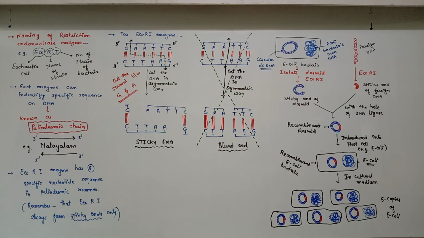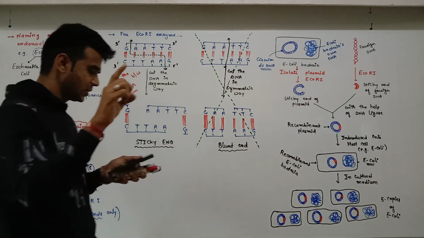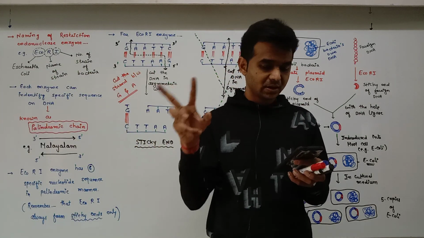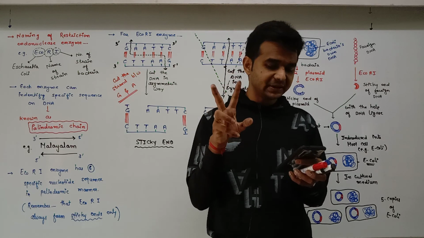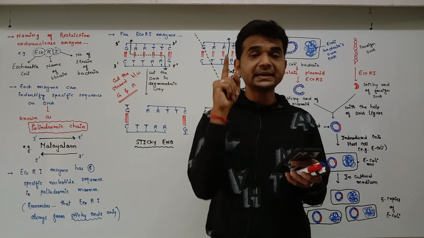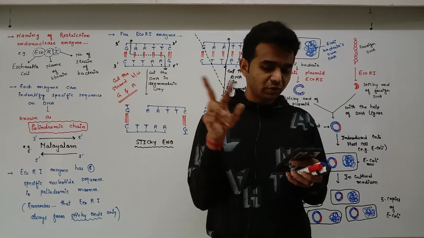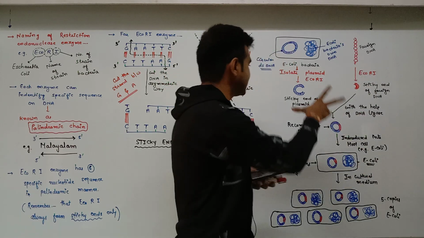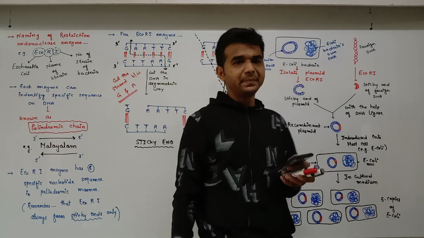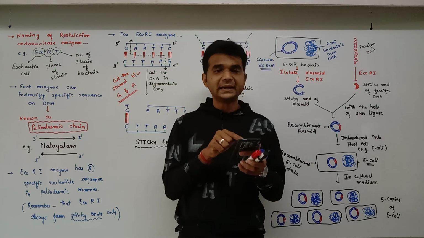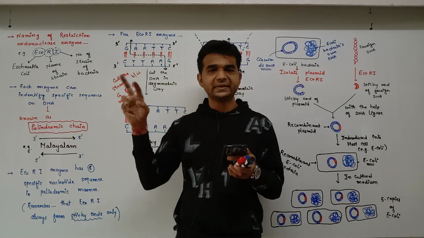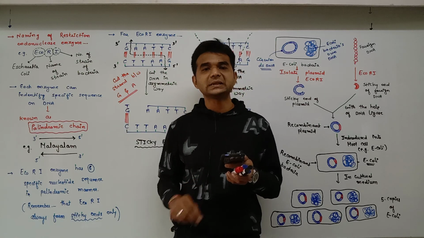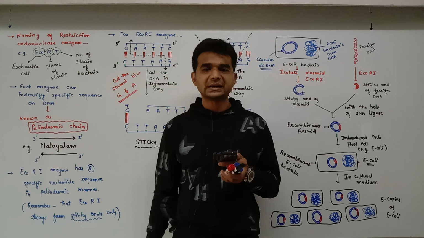Okay, so that diagram is given there. Foreign DNA and vector DNA, that is plasmid, both are cut at a specific point by the same restriction enzyme. On both sides sticky ends are formed. Now with the help of ligase enzyme, join the fragments, the foreign DNA as well as the plasmid, then introduce it; that is known as transformation.